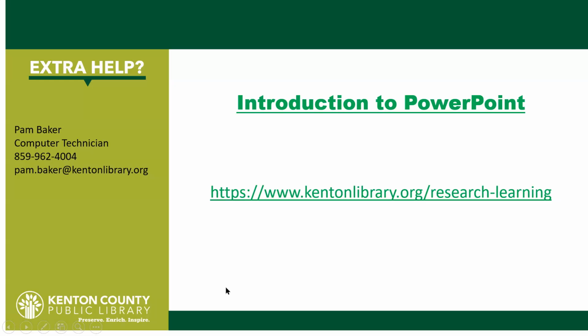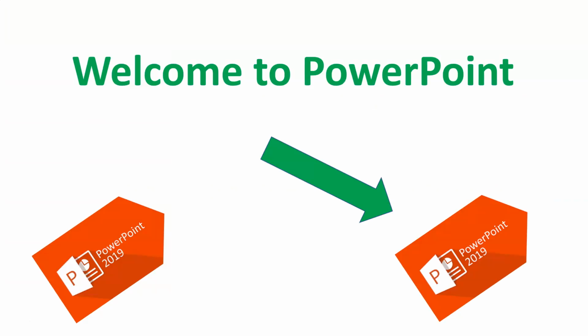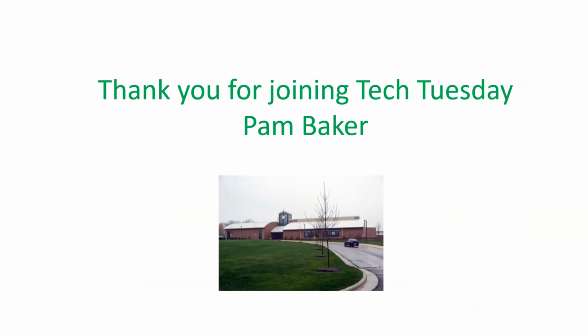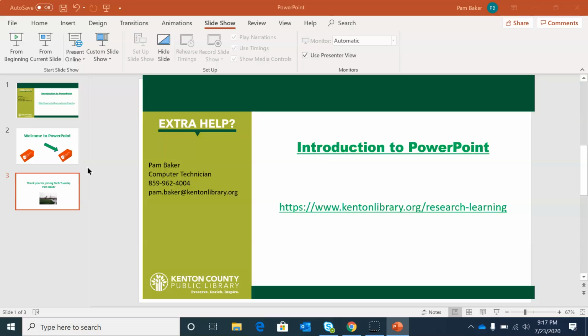And hopefully, if I did everything correctly, it will start and it will automatically go to the next slide. And it did. We'll wait for the last one. And there you go. So you had your whole slideshow. And you'll notice now we're finished.